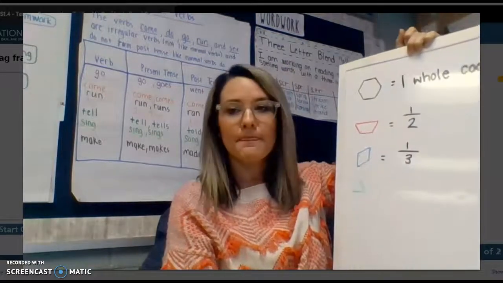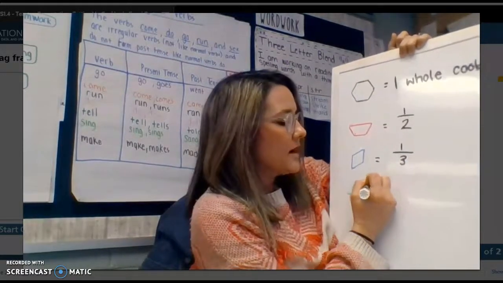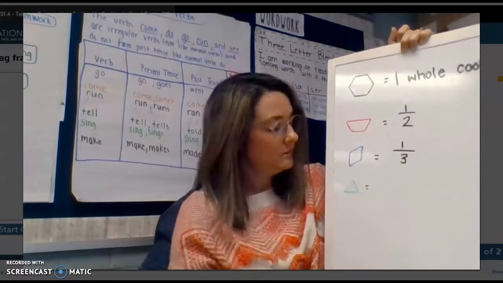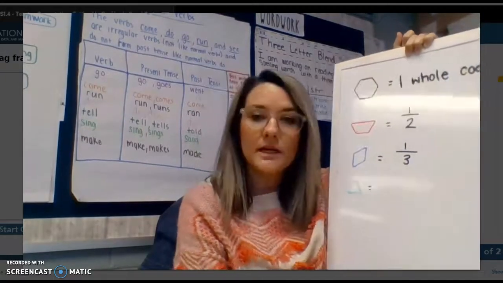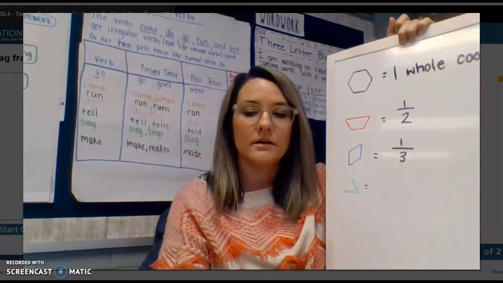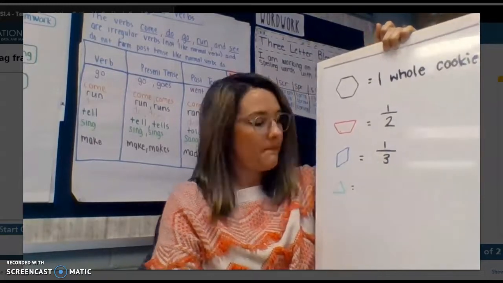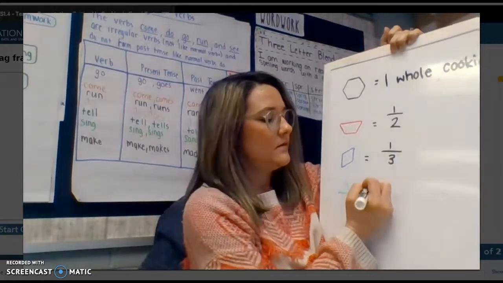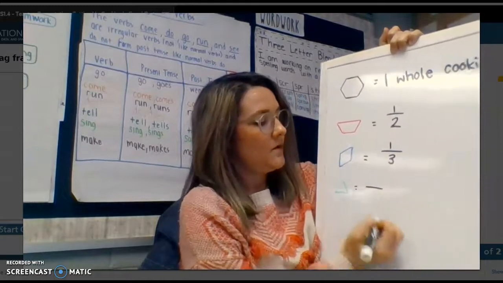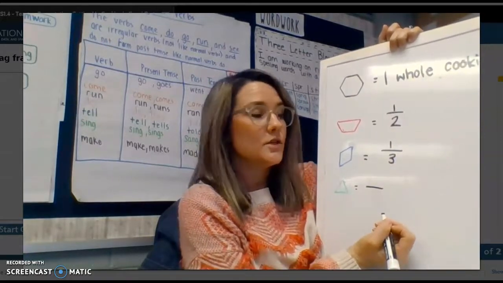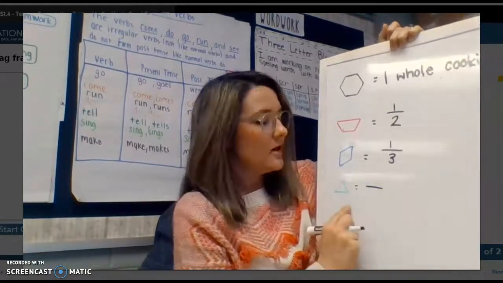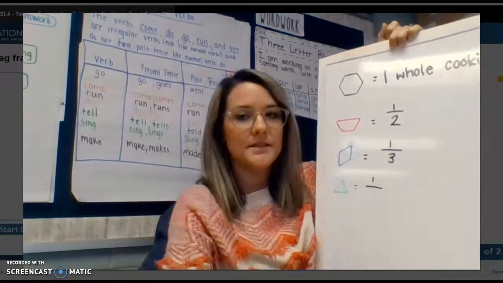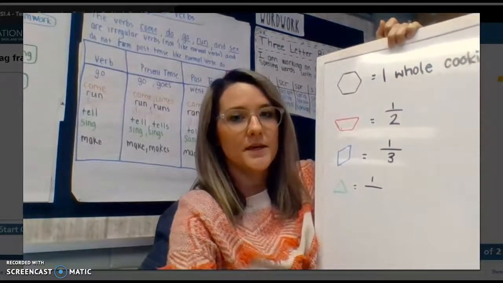Okay? All right, what about the triangle? How many triangles did we need to make 1 whole hexagon cookie? Well, we need 6. So 1 triangle would be 1 out of 6 fractional pieces.